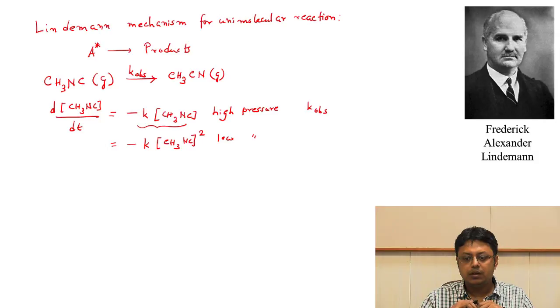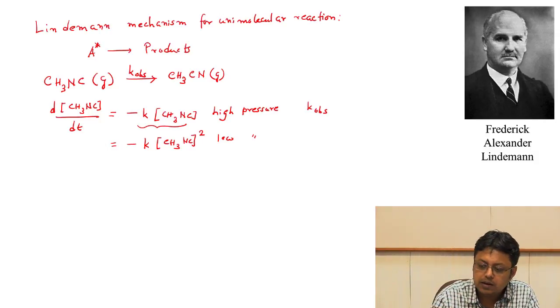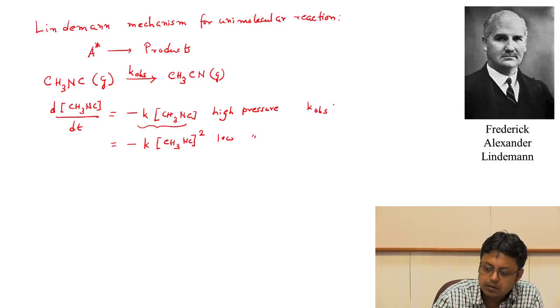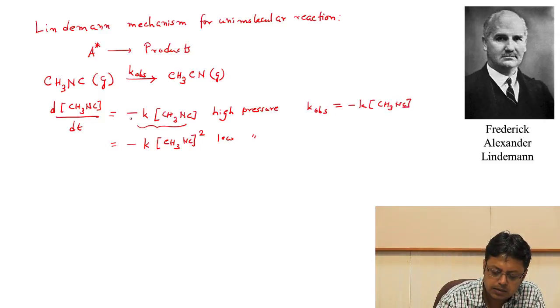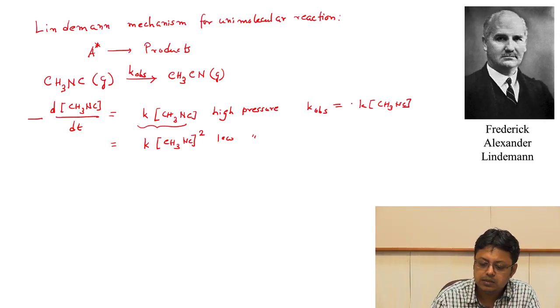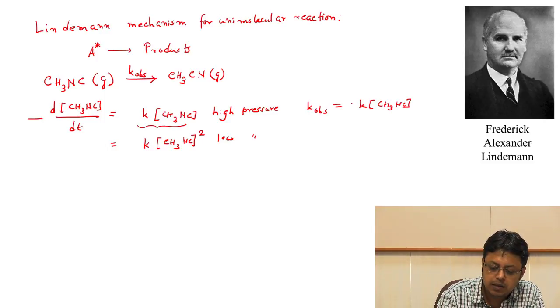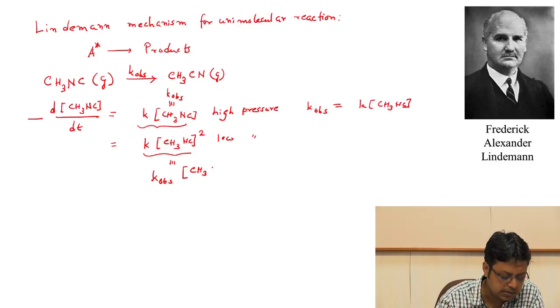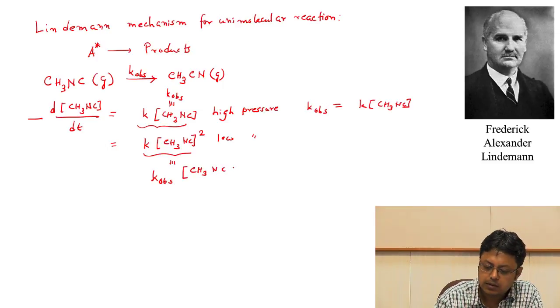We plot the observed rate constant, which is defined like this. At high pressure this will be equal to K observed, and at low pressure this will be equal to K observed times the pressure of the gas, which is CH3NC.